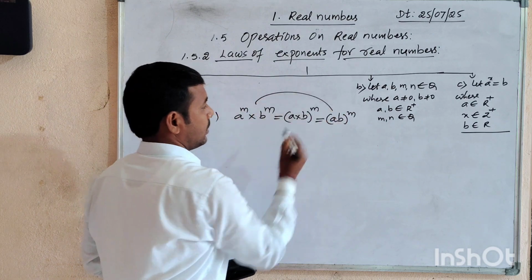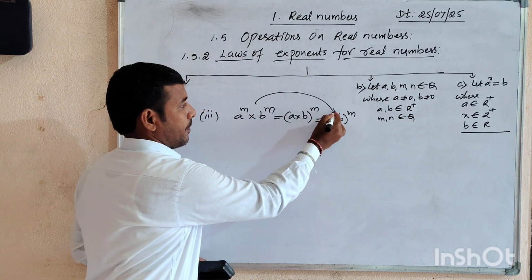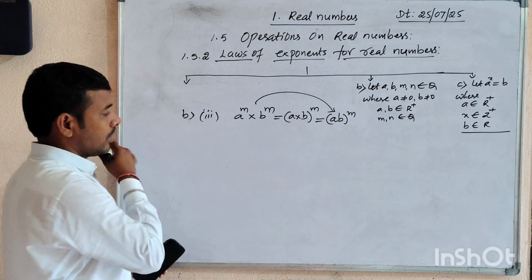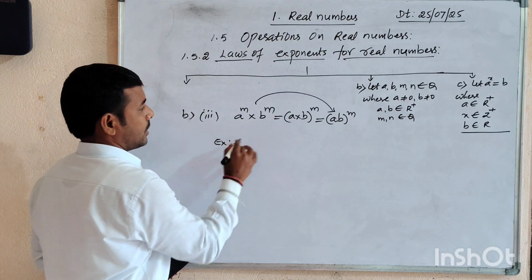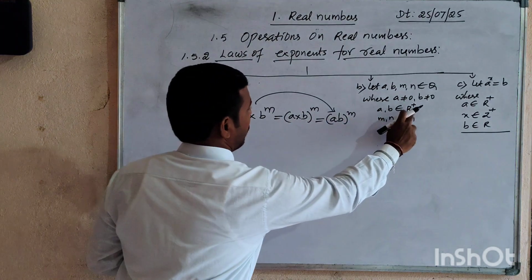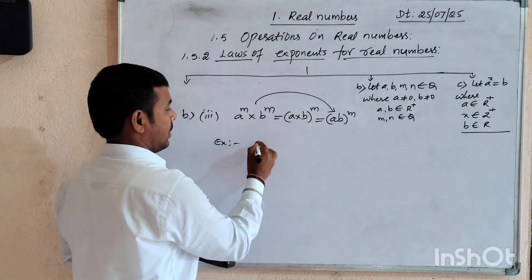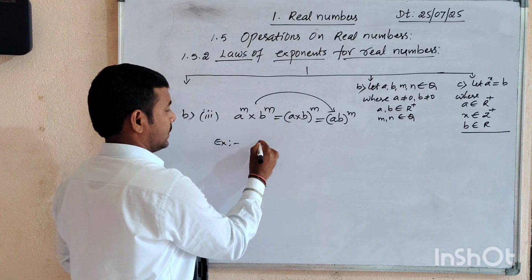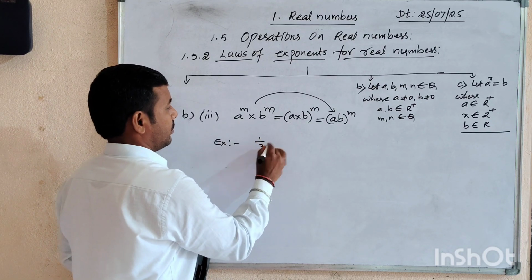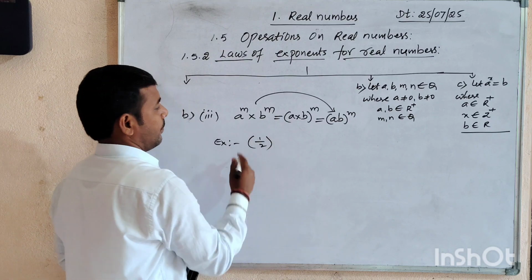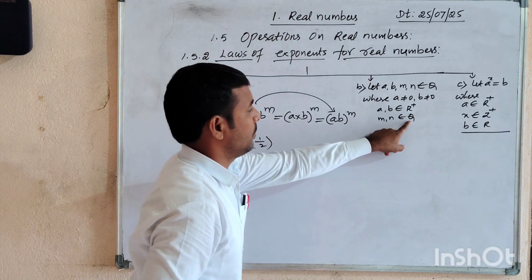Now, one example. What is the example? a and b are positive real numbers. Let us take 1 by 2 to the power of m position, one of the rational numbers.